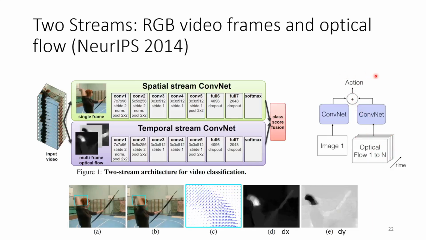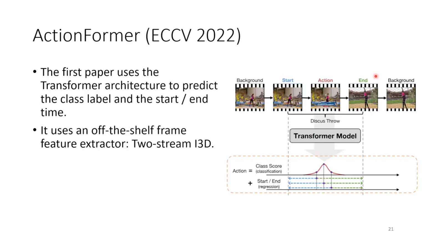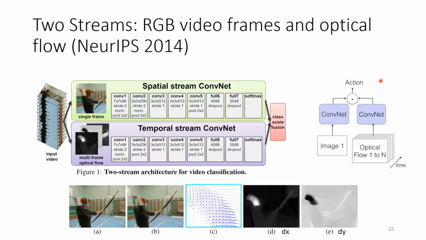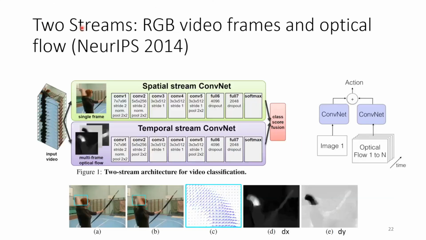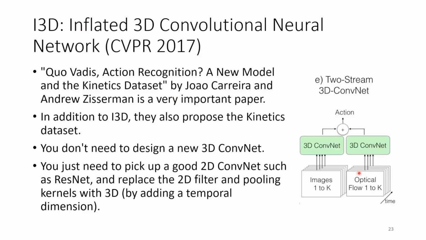But does ActionFormer use the two-stream? No. Two-stream is just an idea. ActionFormer uses the I3D representation. So what's the relation between I3D and the two-stream? See this illustration for I3D.